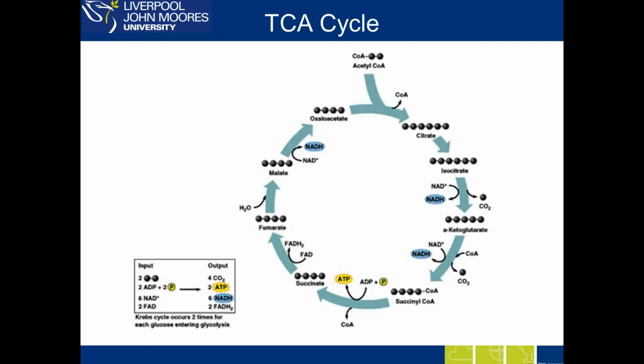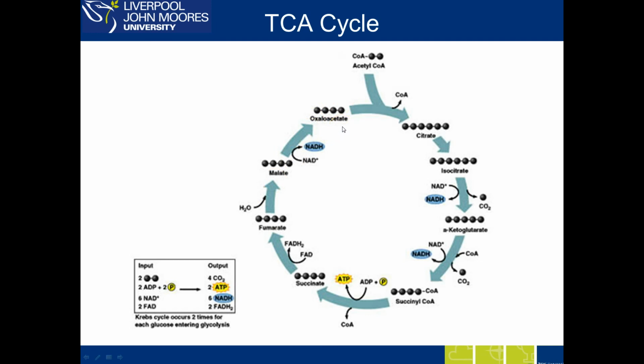So the product of beta oxidation is acetyl-CoA, and this is the first step of the TCA cycle, which we covered in detail in part 2 of this lecture. So again, you can see that this TCA cycle is a cyclical series of reactions going from acetyl-CoA through citrate, isocitrate, alpha-ketoglutarate, succinyl-CoA, succinate, fumarate, malate, and finally oxaloacetate.